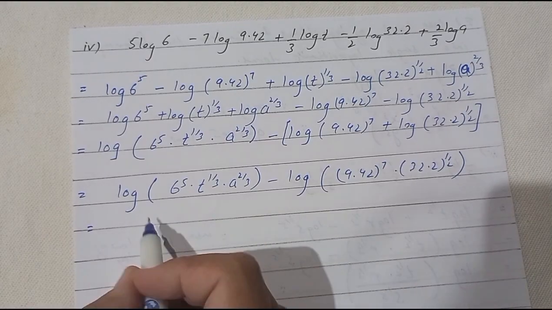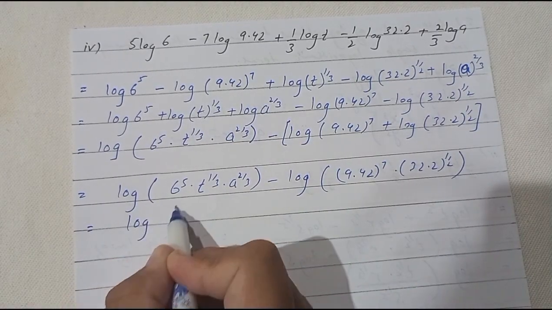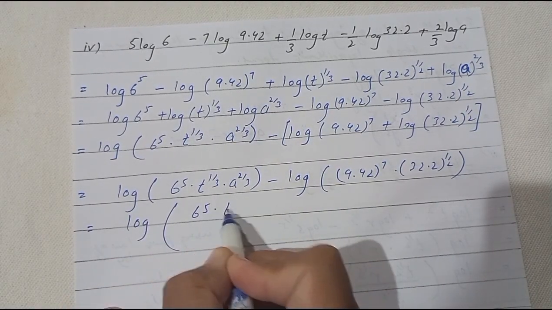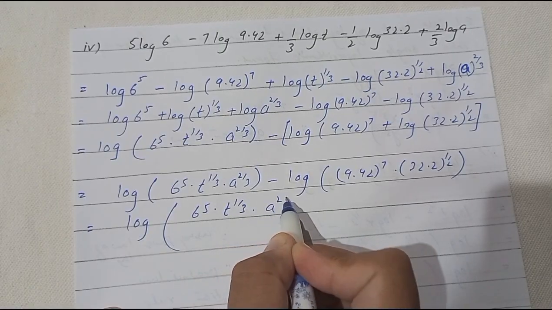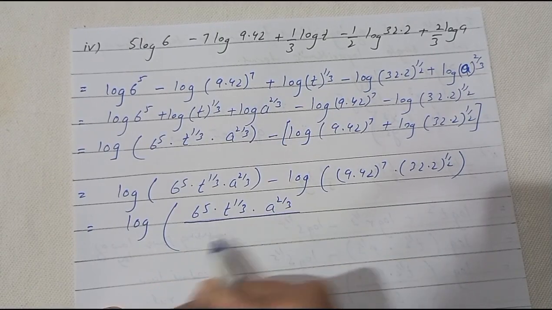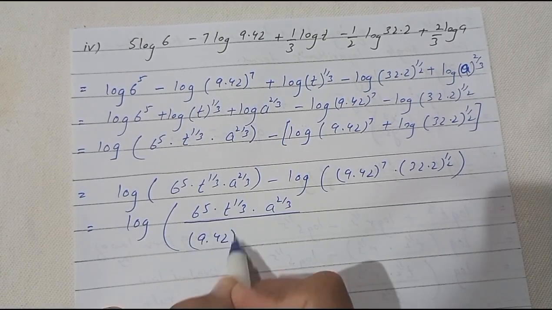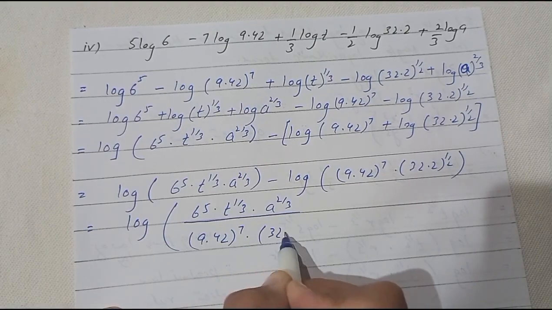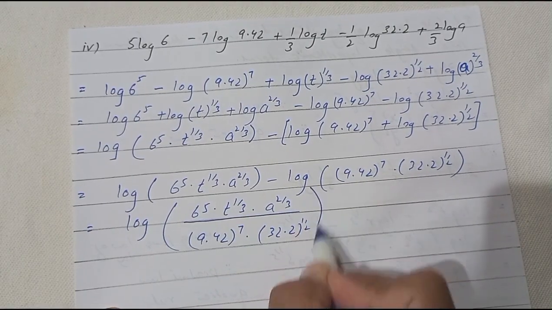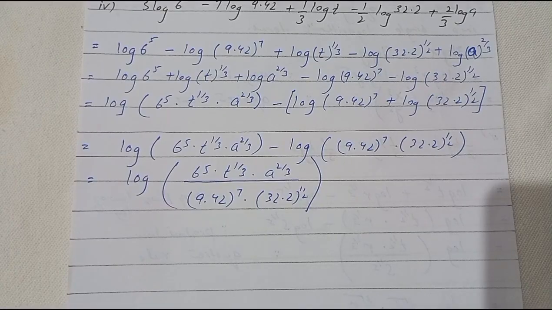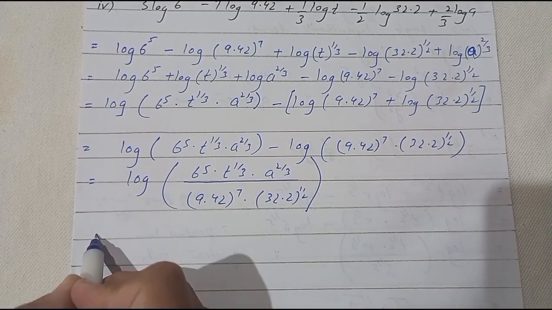Now using the quotient law, as the logs are subtracted, we write one log and put these terms in fraction form: 6 power 5 t power 1 by 3 a power 2 by 3 divided by 9.42 power 7 multiply 32.2 power 1 by 2.